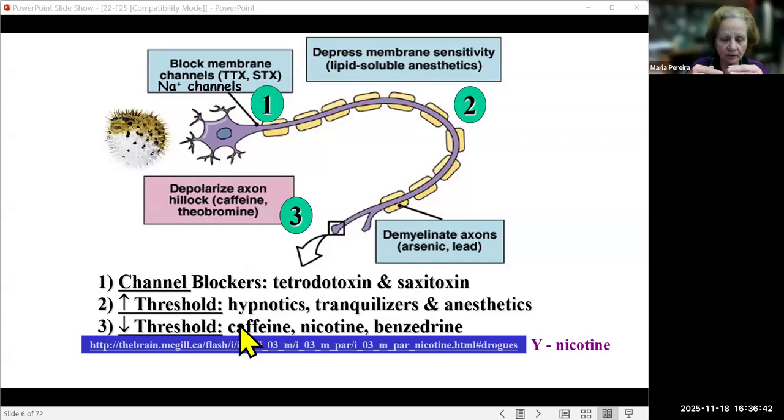So instead of going from the resting membrane potential of minus 70 up to minus 55, if you increase the negativity, if you hyperpolarize the membrane, so it goes from minus 70 to minus 80, then you're increasing the voltage required to reach threshold.